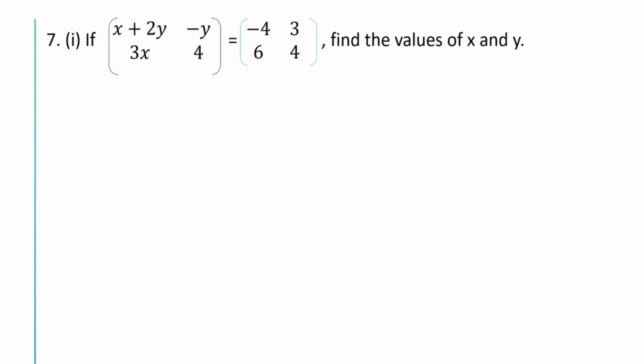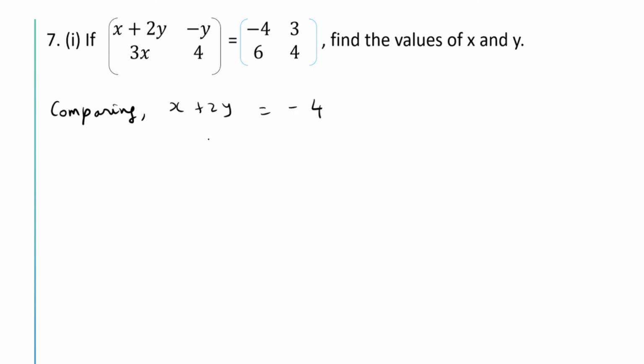So here we can compare these two matrices. Comparing the element in the first row, first column, here it is x plus 2y. So we have x plus 2y equal to minus 4.